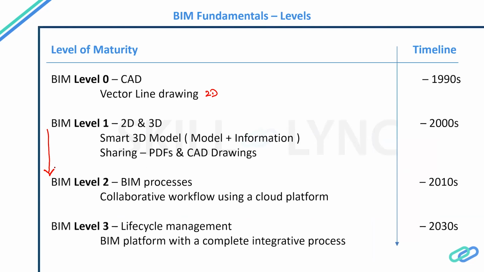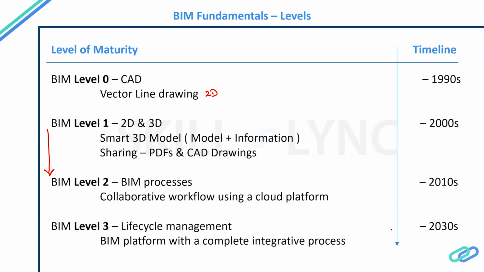Most of the firms are using 2D plus 3D, but may or may not be on a collaborative platform. Level 2 is where the actual qualitative BIM practices are included. And level 3 is still in progress. It's not actually applied in most of the firms in the industry as of now.